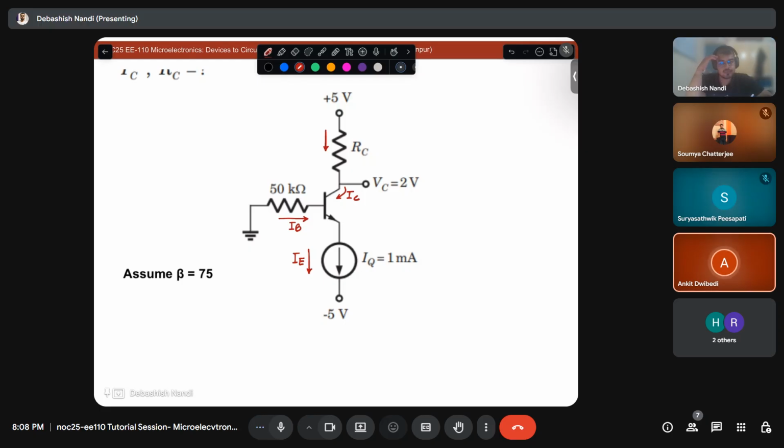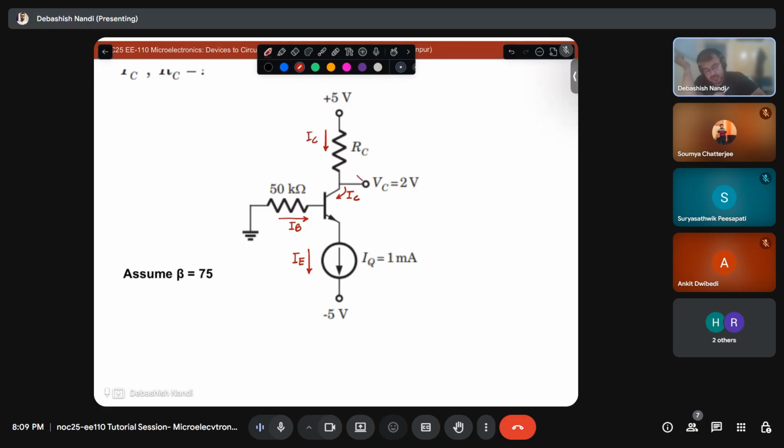Three volt by RC. No, no. What is the current in terms of IC, IB, and IE? Is it also IC? Obviously, it is IC, right?